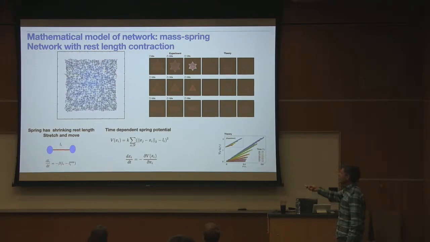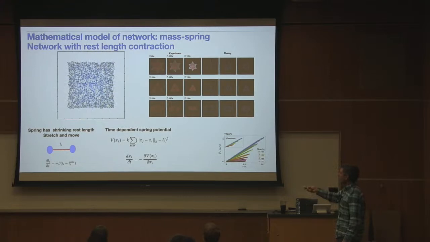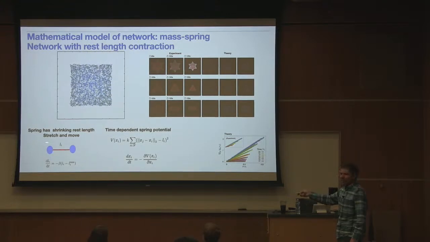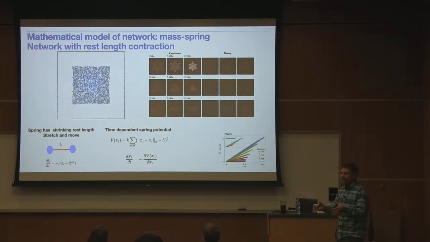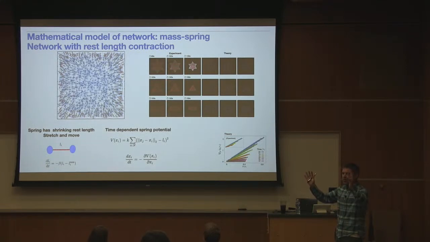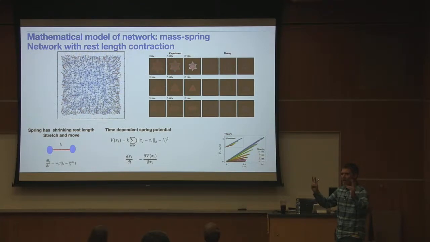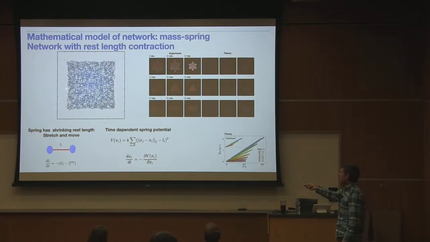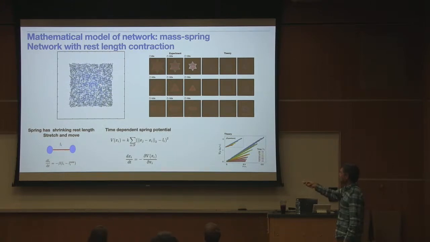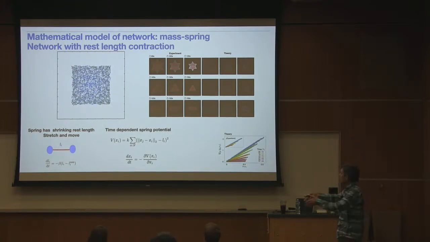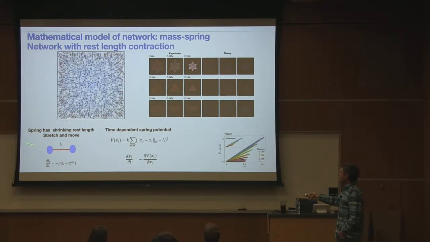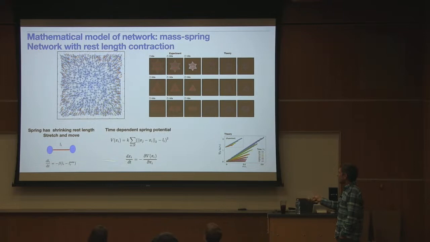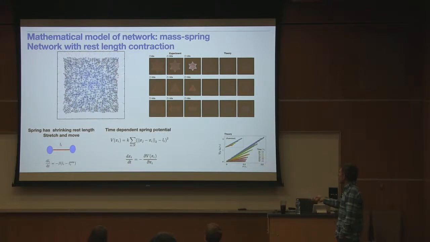So you can think about a microtubule network as a mass spring network that has some rest length, but that rest length is contracting as a function of time. You have springs, and all the springs are pulling together. That's happening at a constant velocity, which is set by the microtubule speed, and that leads to net contraction of the system internally towards its center. And this is a model you can make mathematical: you can write down a model of masses and springs and simulate its behavior.